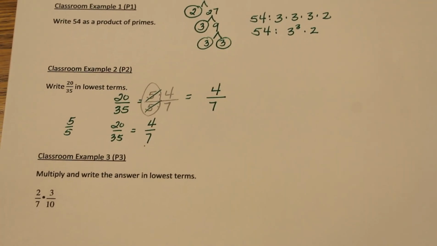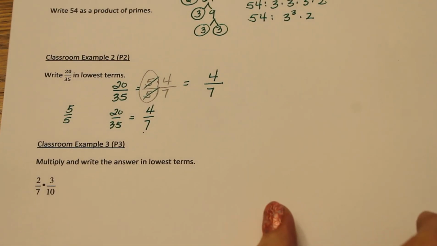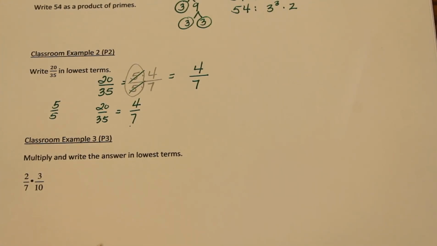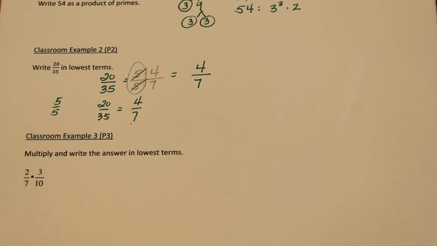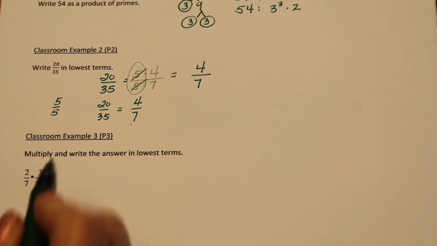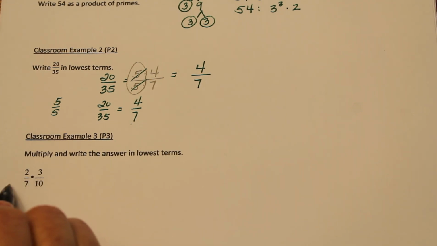Okay, class, from example 3, we're going to multiply fractions. So when you multiply or divide fractions, they do not have to have a common denominator. When you multiply fractions, you just multiply the numerators across and you multiply the denominators across.